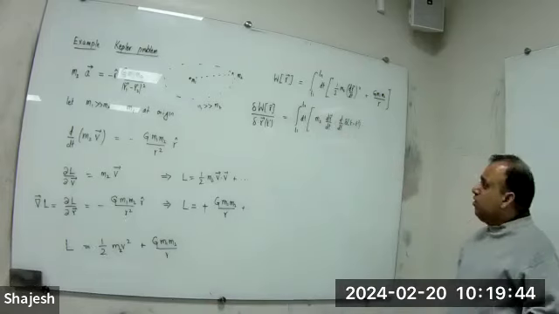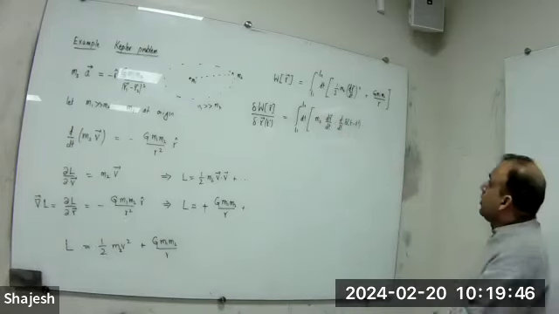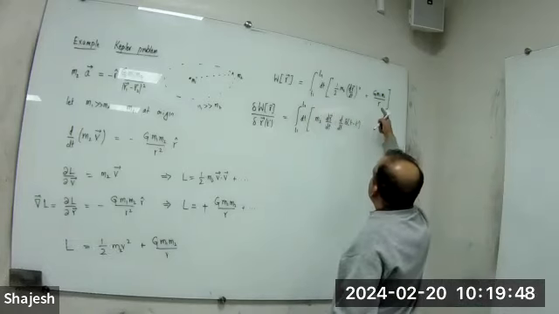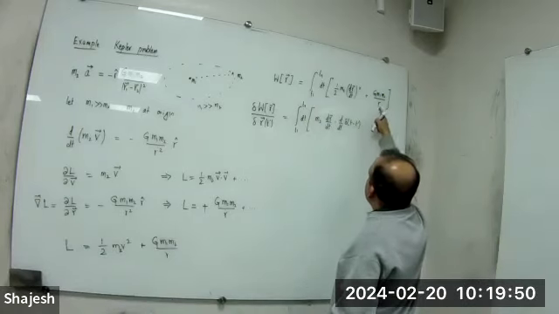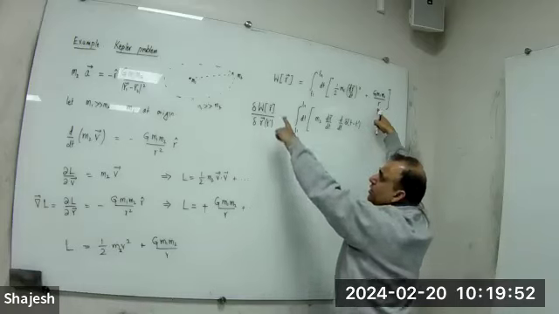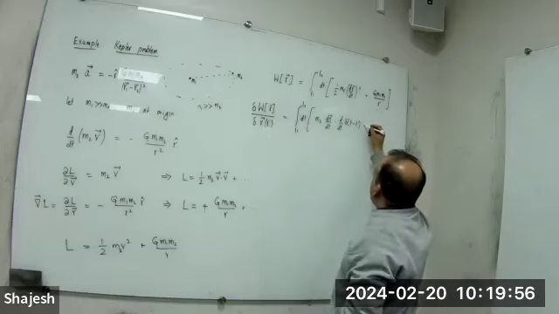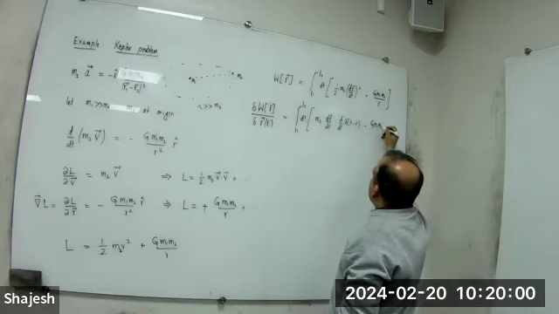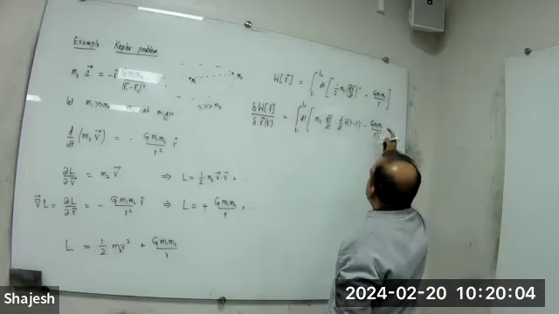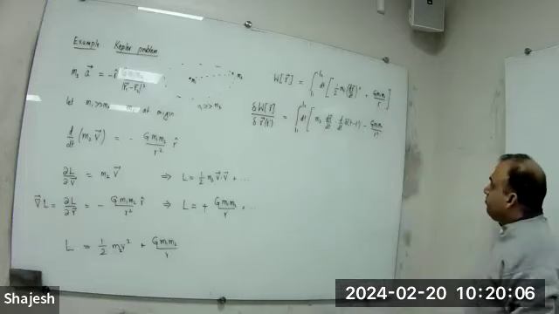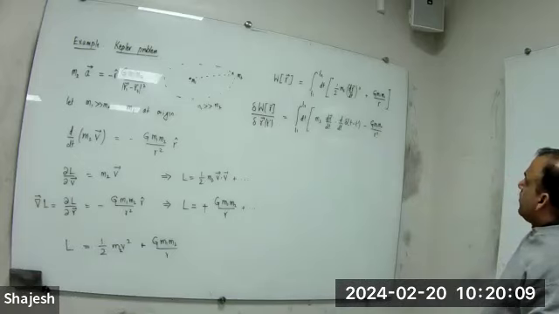That's your first term. And the second term is I have to make a variation in R due to a variation in the vector R. So this will be equal to minus G M1 M2. First take the partial derivative of R, that's R squared, and then make a variation, correct?